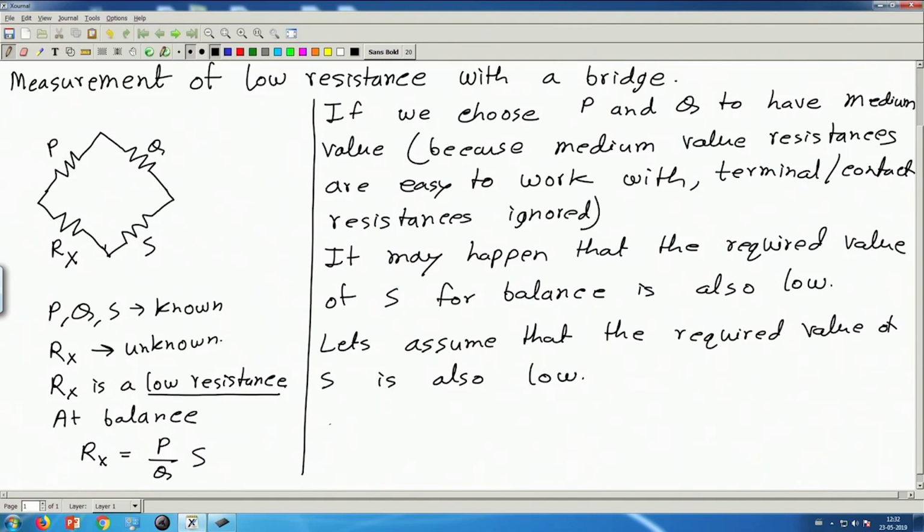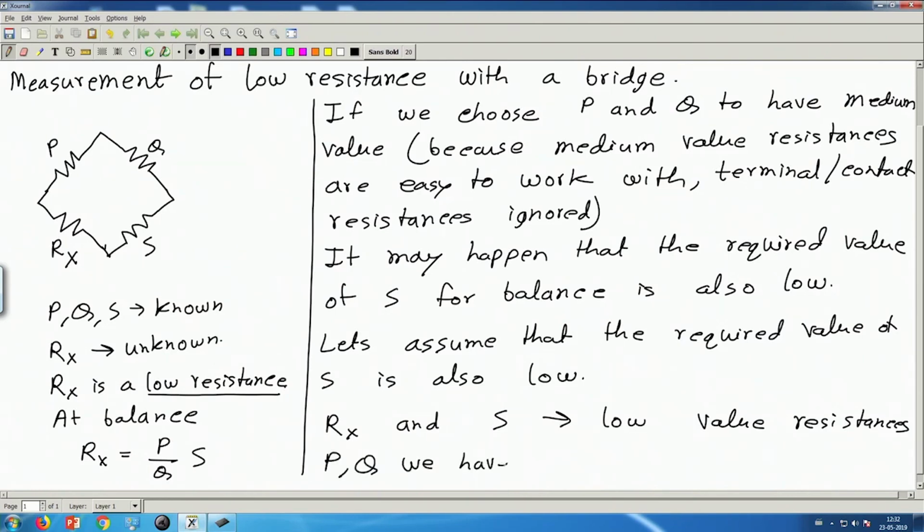Thus, Rx and S, these two are low value resistances. Rx is definitely a low value resistance, because we are measuring a low value resistance. S may or may not be of low value, but let us assume it comes out to be low. And P and Q we have chosen to have medium value.